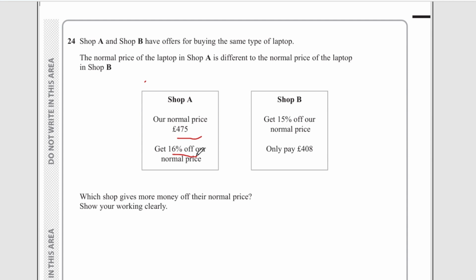So if they give 16% off, that means you take 16 from 100. 100 minus 16 is 84%. So to get the price they're going to sell, you find 84% of 475. And 84% is 0.84 times 475. So that should give you 399.